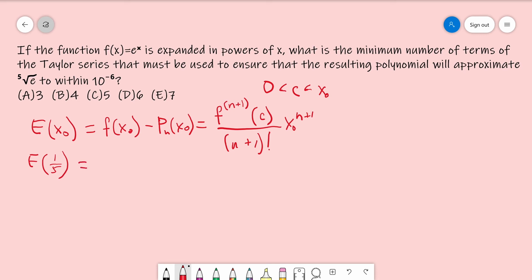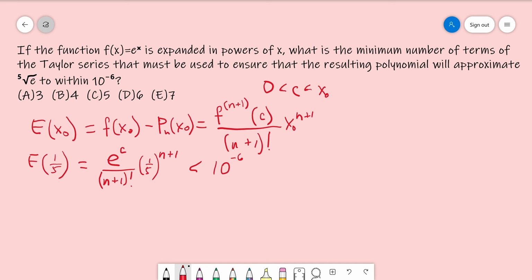This is going to be the n plus first derivative of e to the x, which is just e to the x, evaluated at c, so it's going to be e to the c, over n plus 1 factorial, and then times x naught, which is 1/5, to the n plus first power. And we want this to be less than 10 to the negative 6. So the question is, what is the smallest value of n that will satisfy this inequality?